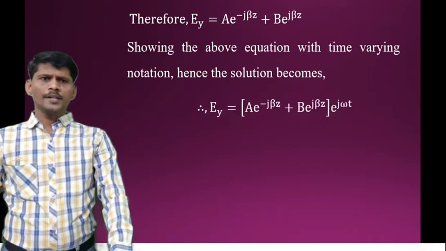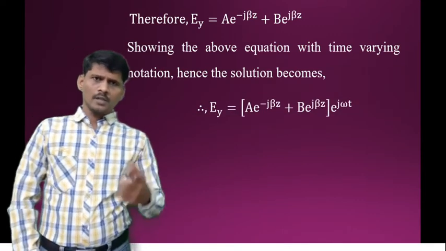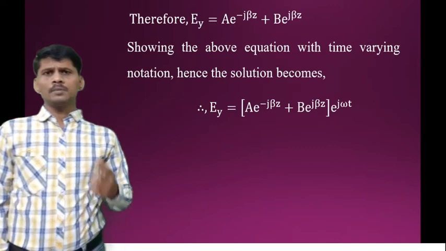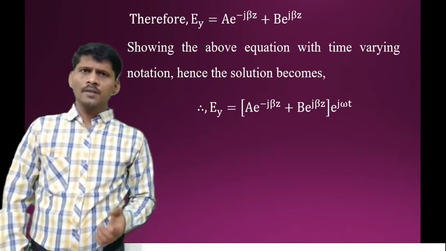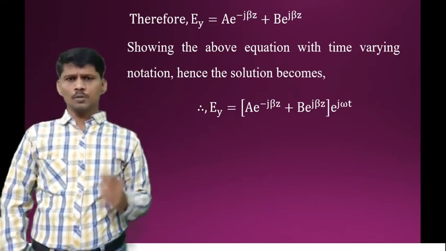For time varying notation, the above equation may be written by multiplying by e^(jωt).